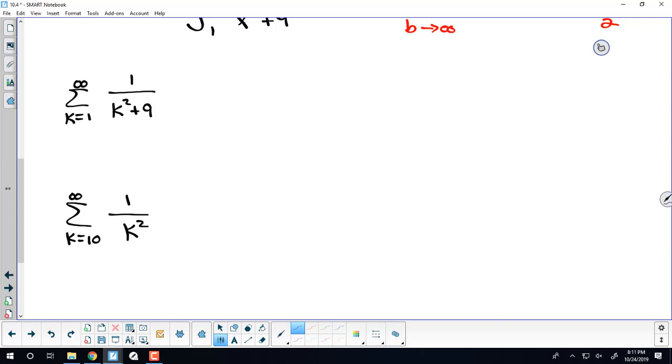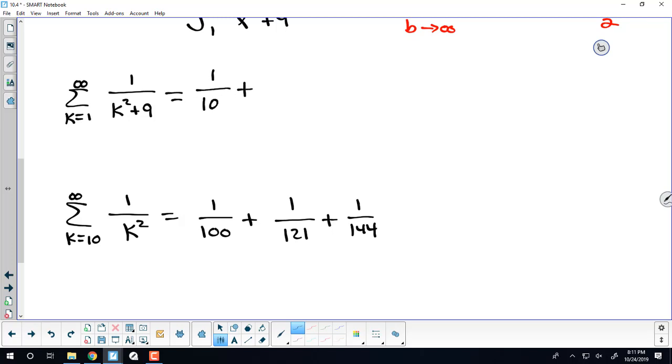So already we have, this is 1 over 100. And this is 1 over 10. So that would be the 10th term. Let's see what the 10th term is here. 1 over 2.